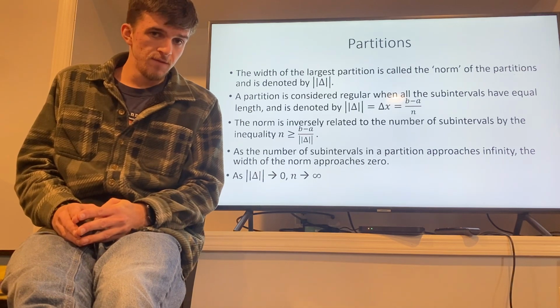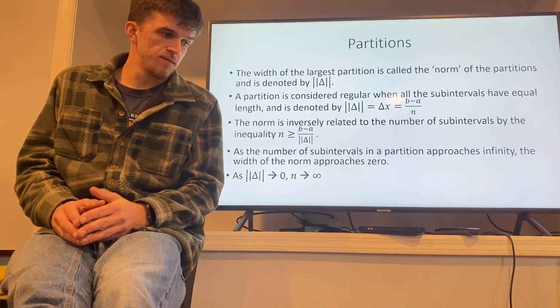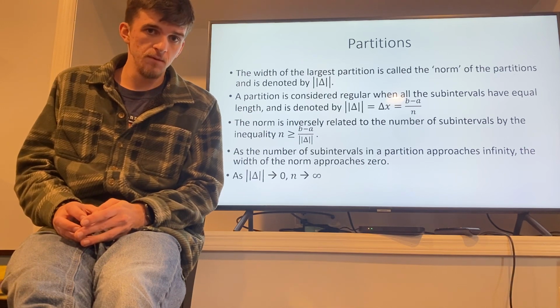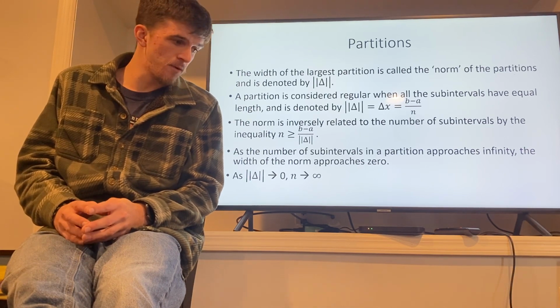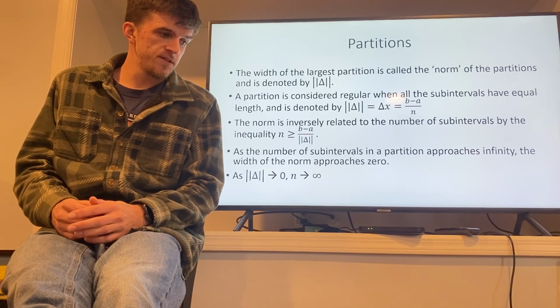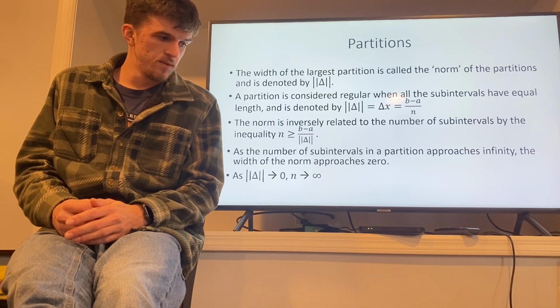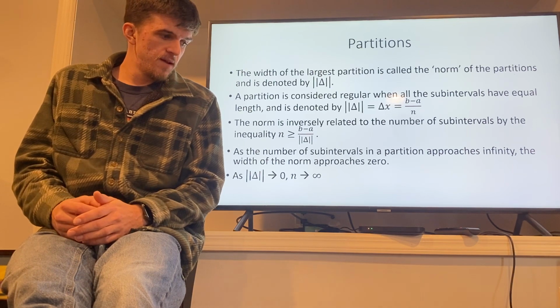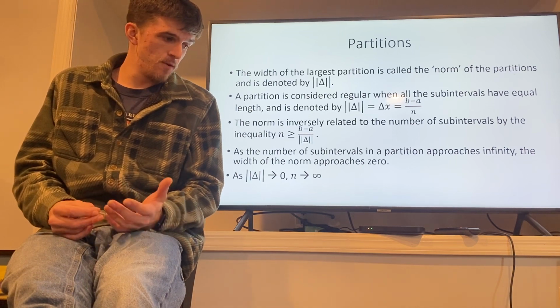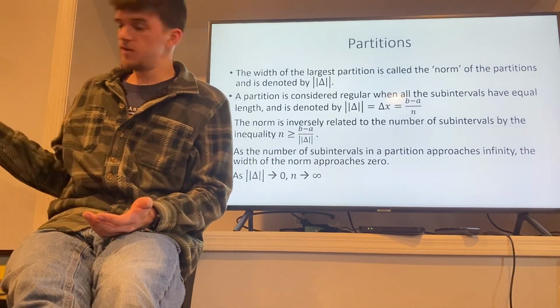So the norm is inversely related to the number of subintervals by the inequality n is greater than or equal to b minus a divided by the norm. So as the number of subintervals in a partition approaches infinity, the width of the norm approaches 0. That would imply that as the norm approaches 0, n approaches infinity.